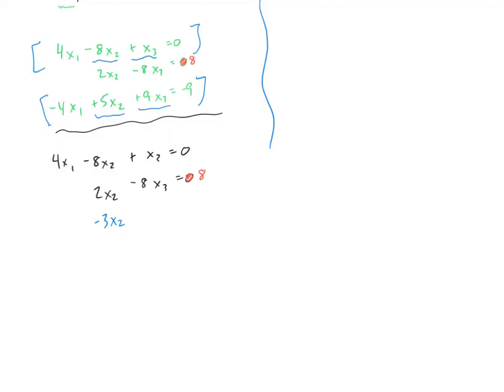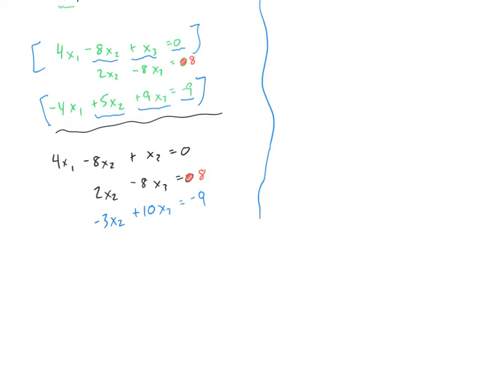Positive x3 plus 9x3 is 10x3, and 0 minus 9 is negative 9. Great. Pause the video if you need to see how that calculation worked again, or pause it and just process it more fully. But I'm going to keep going with the example.